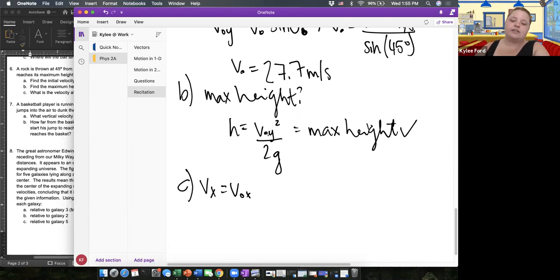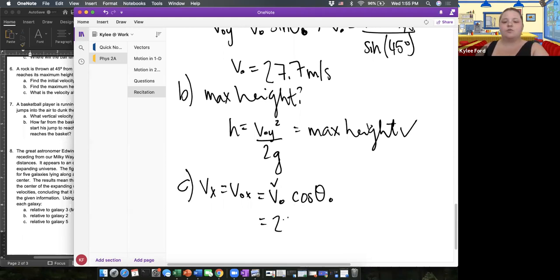And this should be easy enough because we know that our v naught x is just v naught times cosine theta naught, okay? And so we have this value from up here, from part A, and we have our theta naught from the problem given.